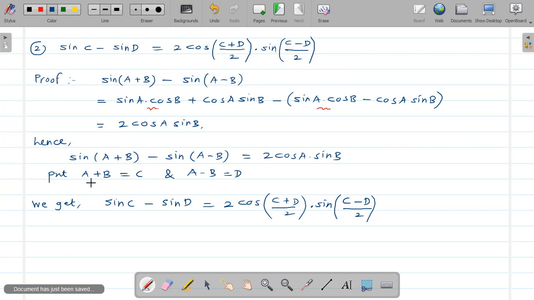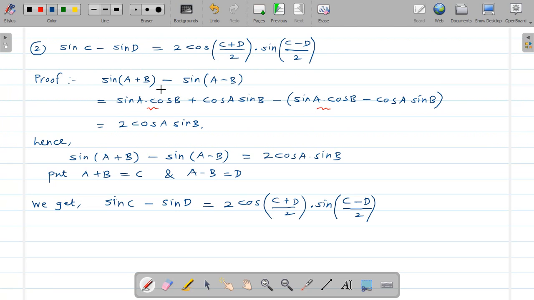So see, just put a plus b is equal to c and a minus b is equal to d, then you will get the formula, that is called the factorization formula. So here the concept of the factorization formula is what? Just add or subtract the two compound angle formulae, then you will get the proper factorization formula. This is the second formula.